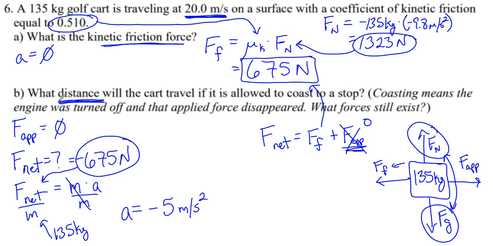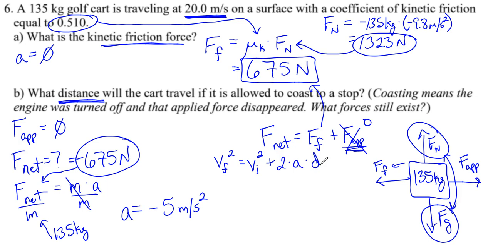So looking back at our equations for distance, we have a final velocity of 0. So we're going to use our equation: final velocity squared equals initial velocity squared plus 2 times acceleration, which we just found, times the distance, which is what we're looking for. We know everything here.